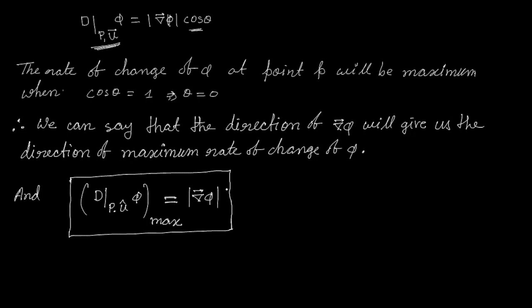And second, if phi represents any arbitrary function, then the direction of grad phi will give you the direction of maximum rate of change of phi, and the magnitude of grad phi gives you the maximum rate of change of phi. Okay.